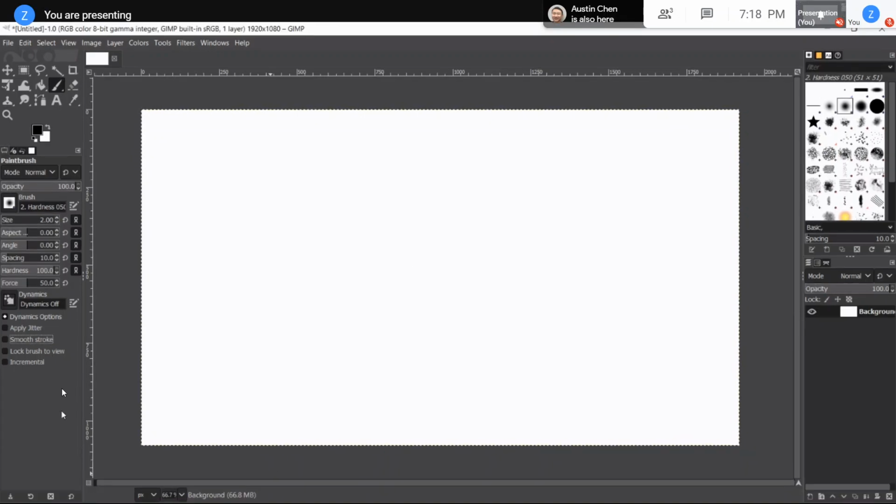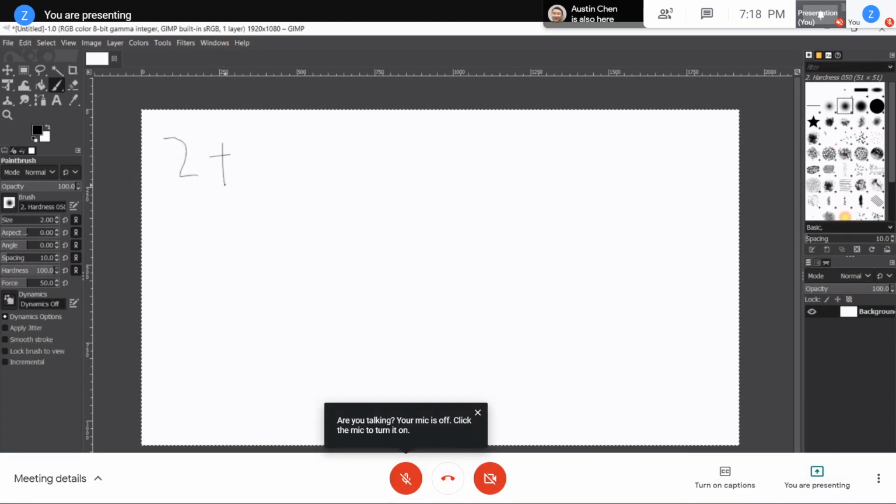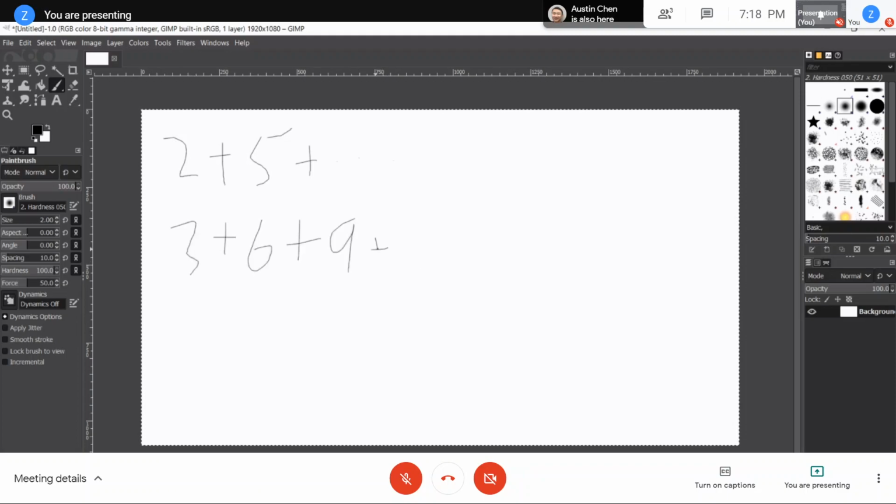The sum is 2 plus 5 plus dot dot dot. What you can notice is that if you add 1 to each term, it's 3 plus 6 plus 9 plus dot dot dot, which is 3 times 1 plus 2 plus 3 plus dot dot dot plus 14, because there are 14 terms.